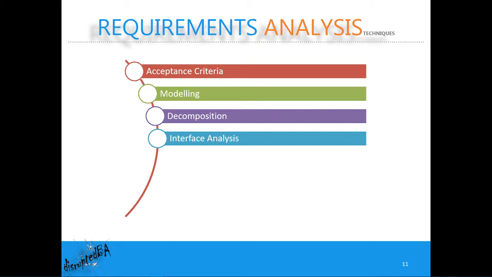And then we have interface analysis, which you would use quite a lot if you're working on a larger complex project, where you will identify and validate that you have the correct inputs and outputs between different components, different modules, different systems.